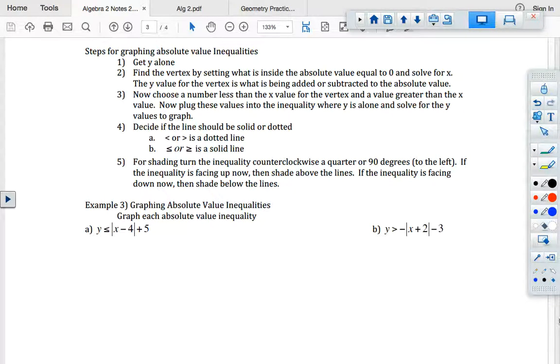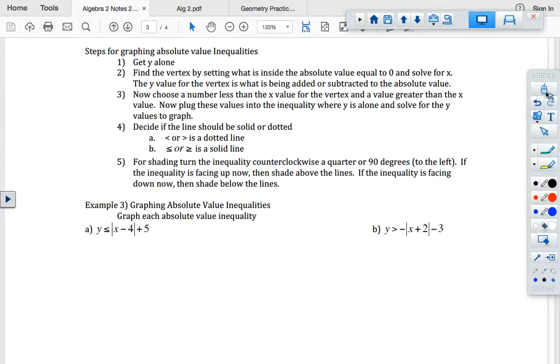Next step, same as when we did absolute value equations, find the vertex. Whatever's inside the absolute value, we set equal to 0 and solve for our vertex. Choose a number smaller and larger than x. Plot the points, and just go from there. And we'll talk about the shading.